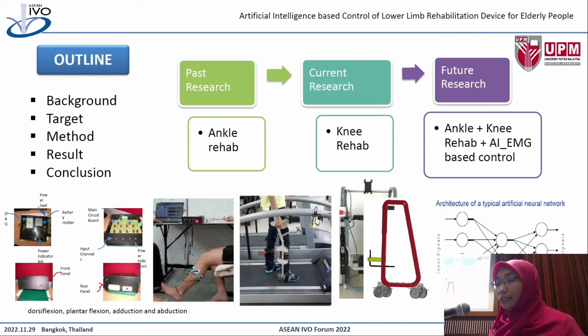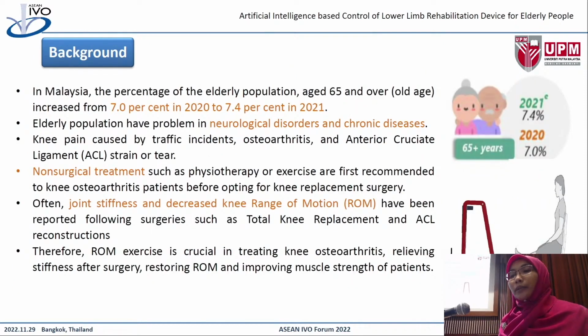by applying the AI method. Okay. The background of the research: the percentage of the elderly population aged 65 and over increased from 7% in 2020 to 7.4% in 2021.